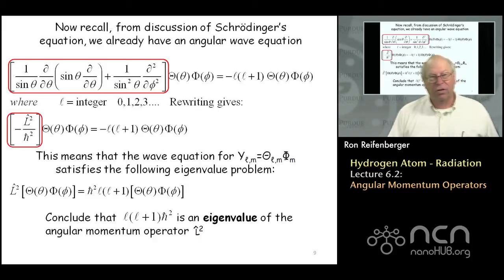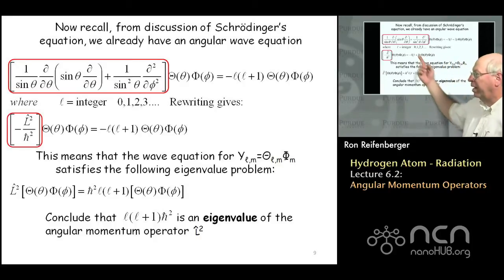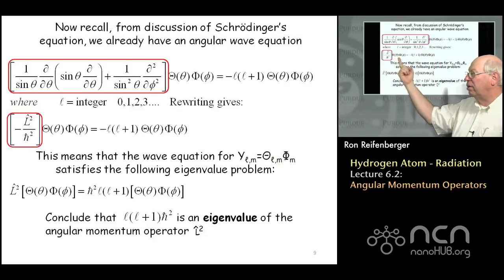So what I have to do is remind you what Schrödinger's equation looked like for the theta and phi coordinates. And I write that down here, right? This is an equation directly from last week's lectures. And using the definition for the square of the angular momentum operator that we worked out on the previous slide, we can rewrite this equation to make it look slightly more tractable.